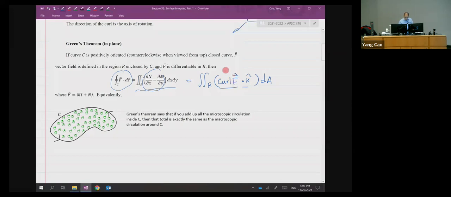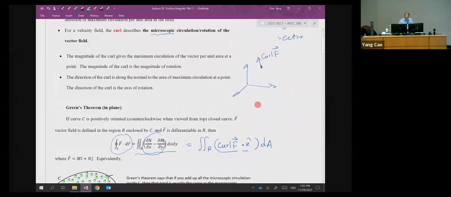When you use curl F dot n hat, with n hat pointing in any direction in 3D space, you get the circulation density in the direction given by n hat. So this gives you the circulation density concept.